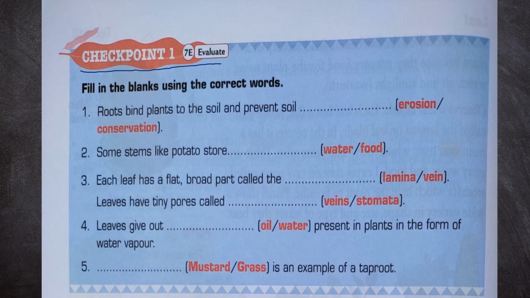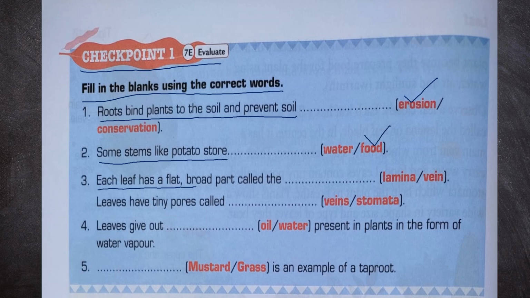Next, checkpoint 1. Fill in the blanks using the correct words. Roots bind plants to soil and prevent soil erosion. Some stems like potato store food. Each leaf has a flat, broad part called the lamina.